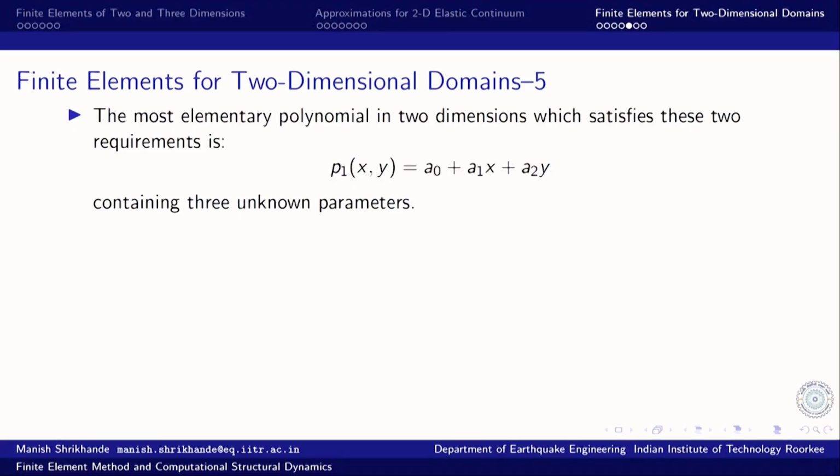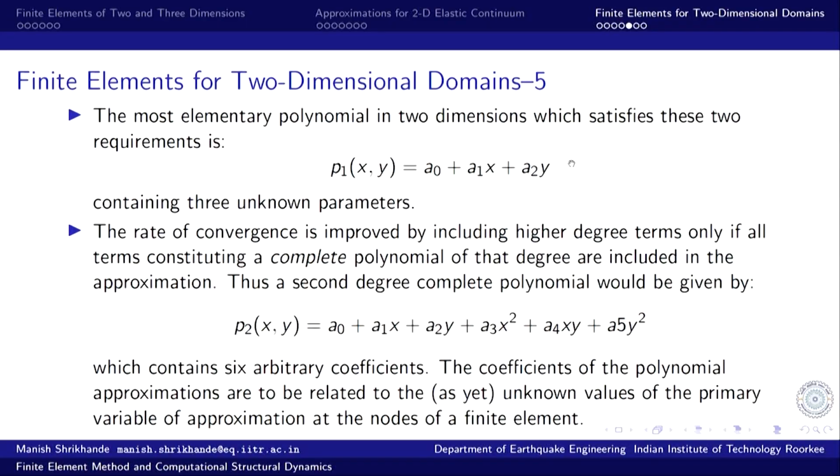Now, if I wish to go to a higher order approximation: this is the first degree polynomial, so a linear approximation. The displacement variation of u and v within the element is going to be limited to first degree polynomial. Accuracy of course depends on the degree of approximation.